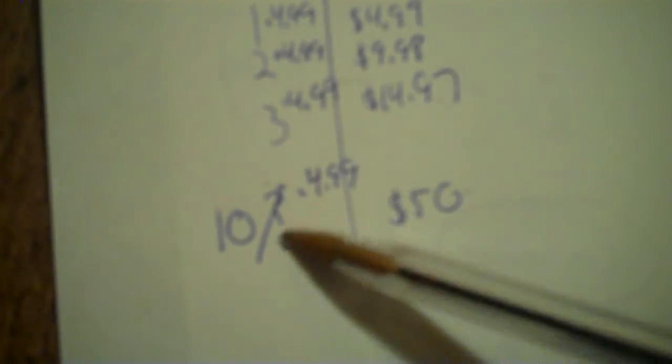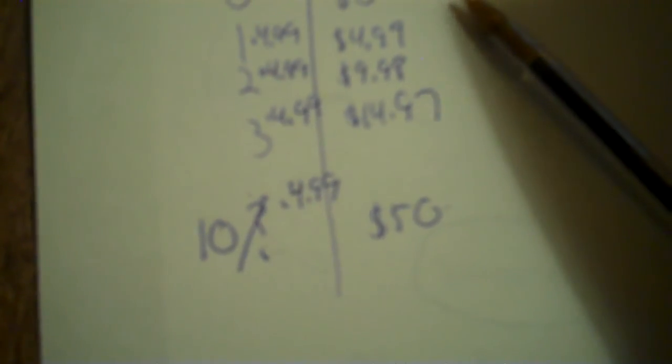But we're just going to put 10. Now, is 10 times 4.99 50? I don't think it is. It would be 49.90. Okay, so I put 49.90 there.